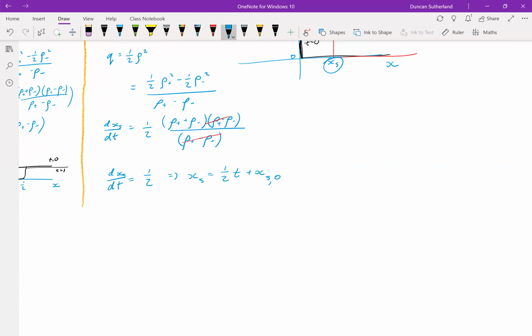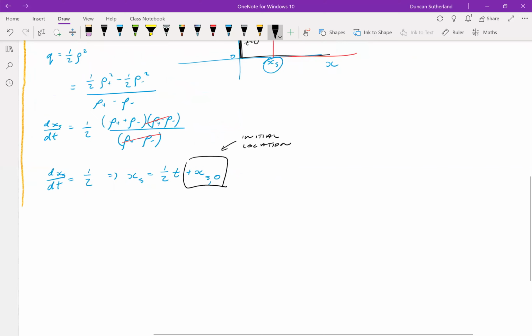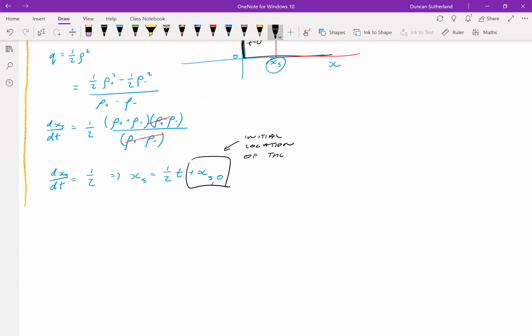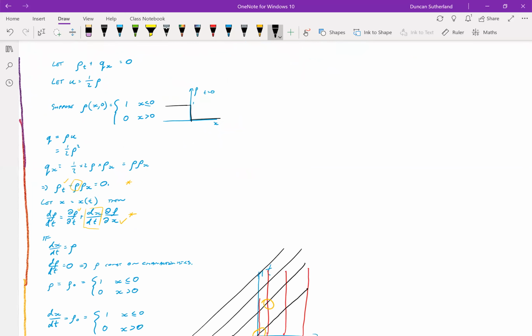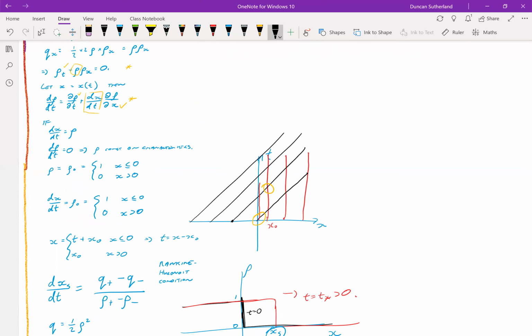The initial location of our shock is 0. We know that because that's where the density jumps at time 0, and we know that time 0 is where our shock originates.